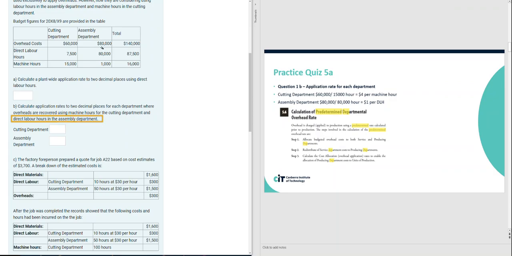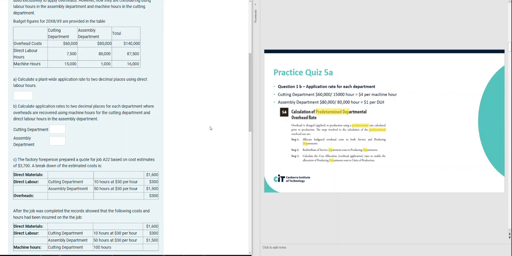Therefore, we divide $80,000 by 80,000 direct labor hours, which, on the right-hand side of the screen, you will see is $1 per direct labor hour. If you want to understand more about predetermined rates, you can go to your textbook, chapter 5.6, to understand better.